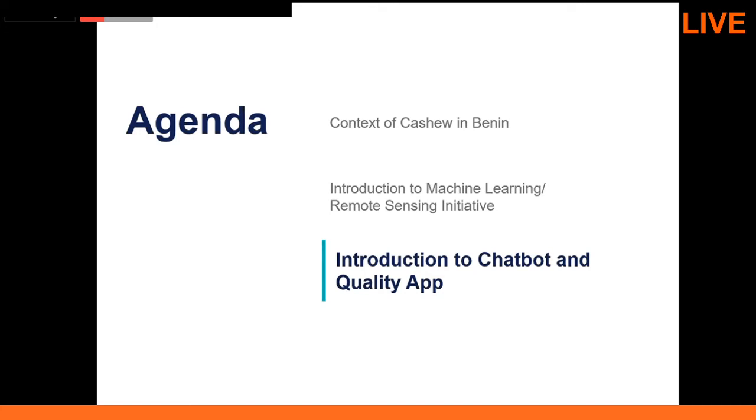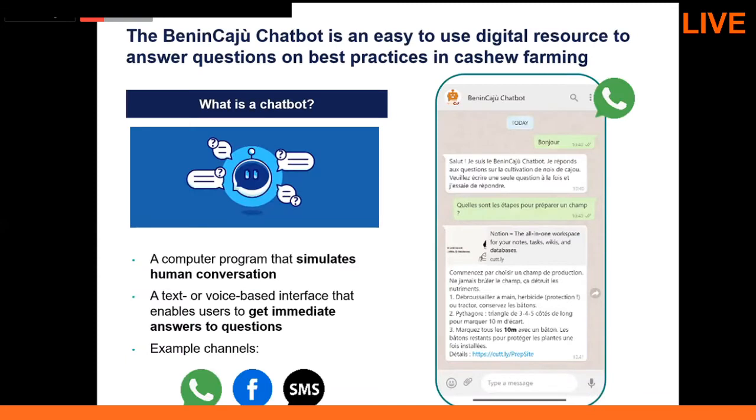I wanted to briefly introduce our chatbot and quality app. For the past couple of months, we've been working closely with Peter Massawi, who I think many of you may know is one of the premier agronomists in Africa, and Rui Matos, a former colleague of ours, an expert on cashew production and nurseries in particular in Mozambique, along with the team in Benin Cajù, to develop new, comprehensive, updated agronomy manuals, both for cashew nursery management and for cashew agronomy.